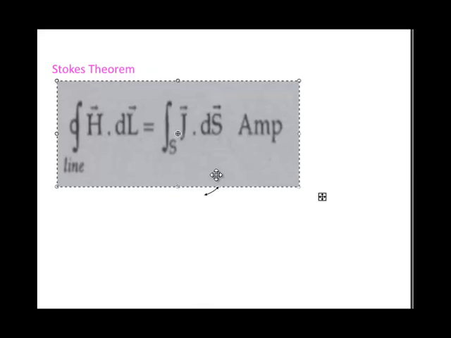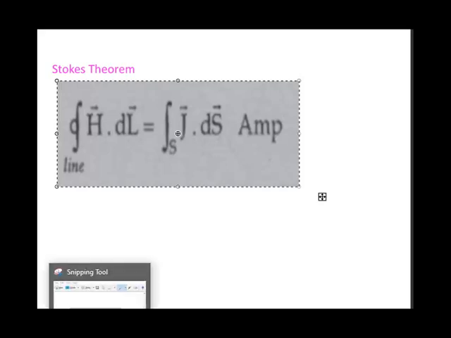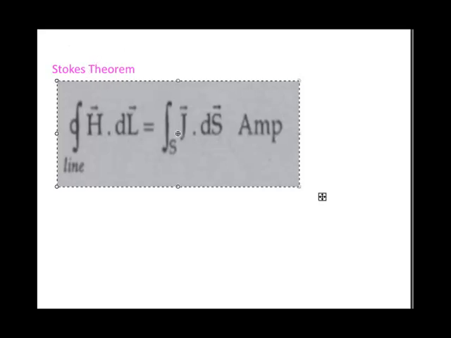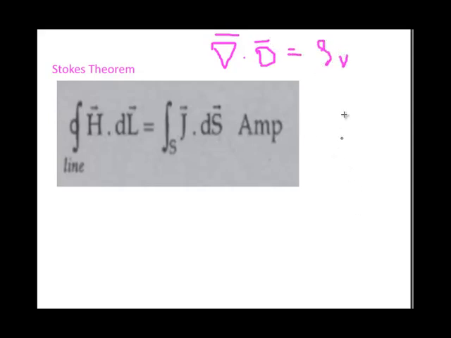Now on the right hand side we have current density J, but this J can be replaced with the help of curl. In the earlier section of this session we studied nabla as a vector differential operator. In the topic of divergence we studied that del dot D equals rho V, the volume charge density, which can be obtained with the help of this nabla.